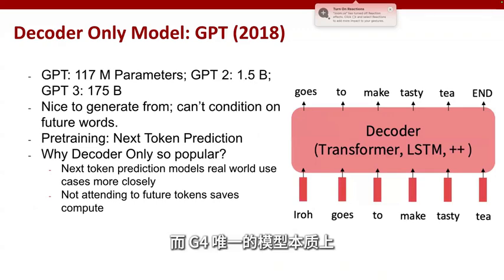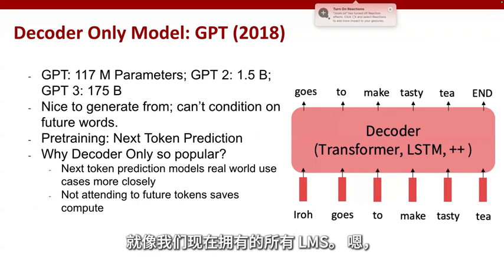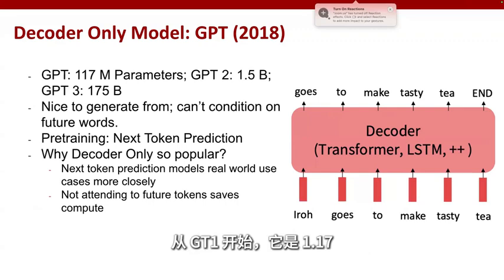And the decoder-only models are essentially all the LLMs we have right now. Starting with GPT-1, which is a 117 million parameter model. And it gets larger pretty quickly. For GPT-3, we already have 175 billion parameters.